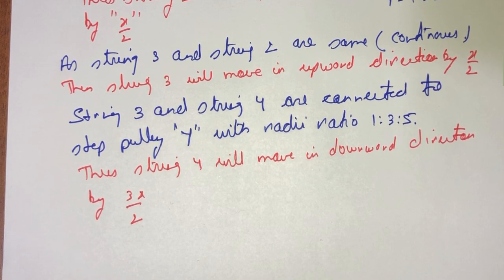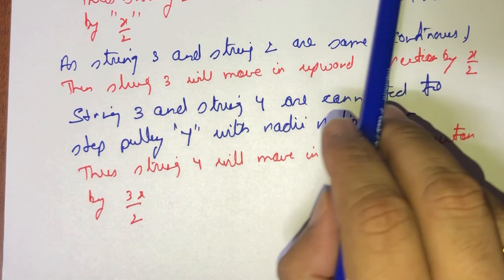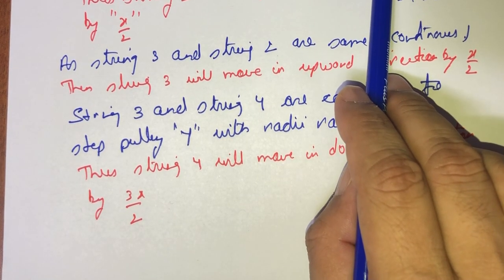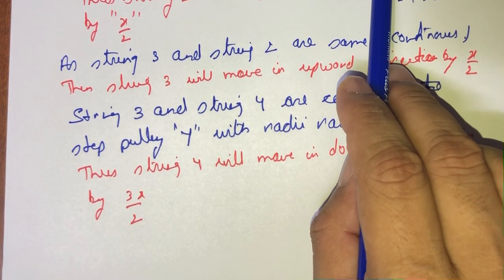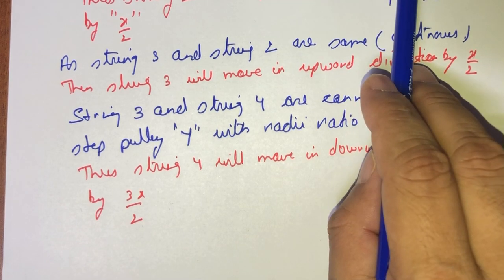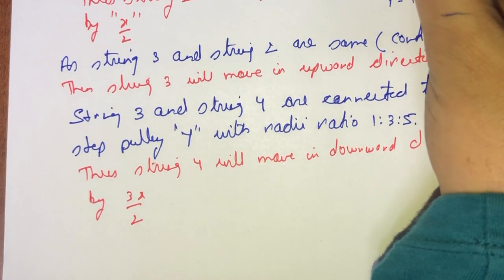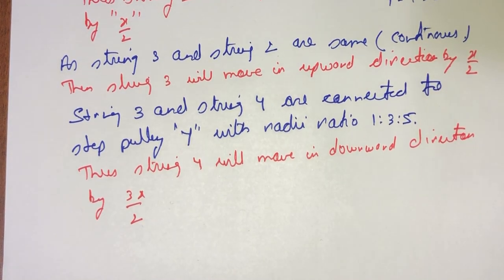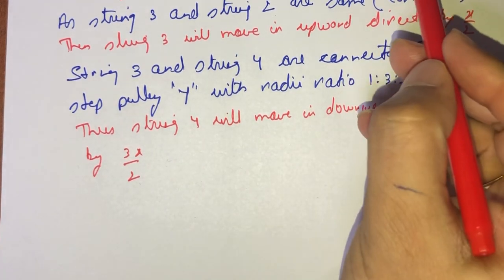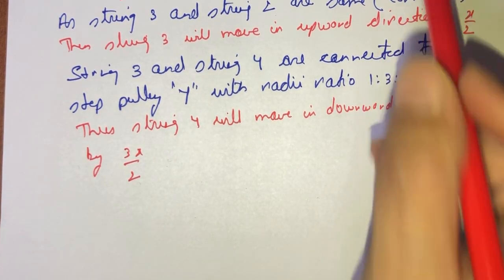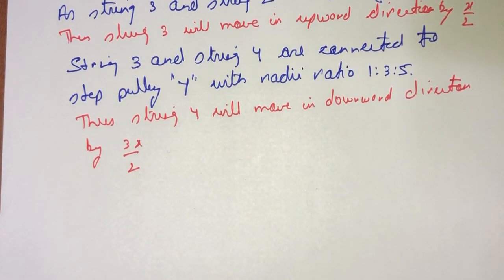So string 3 moves by a distance of x/2 in upward direction, and string 4 moves in the downward direction by 3x/2. Therefore we can find out the slack between string 3 and string 4.